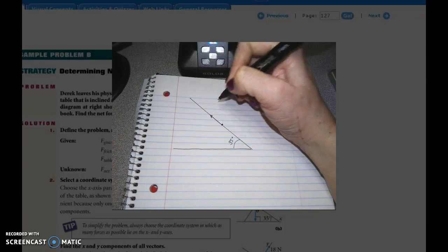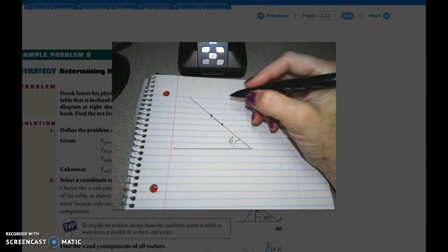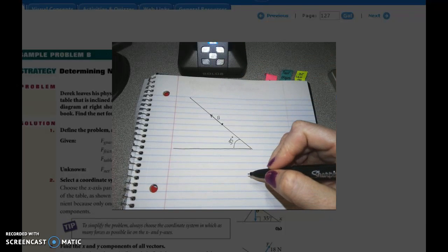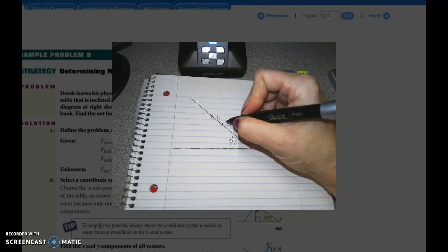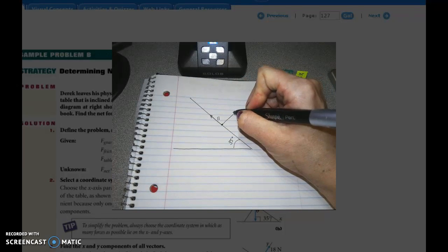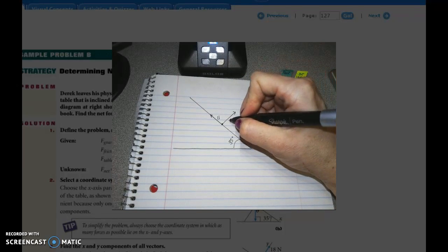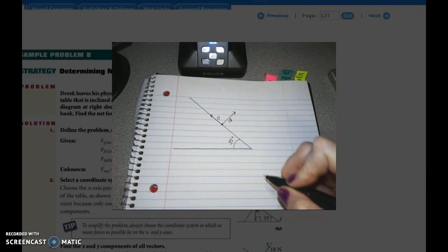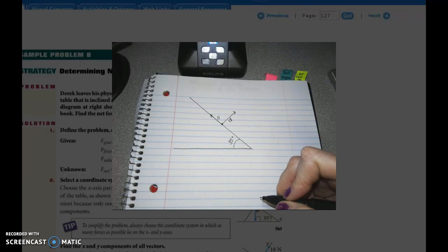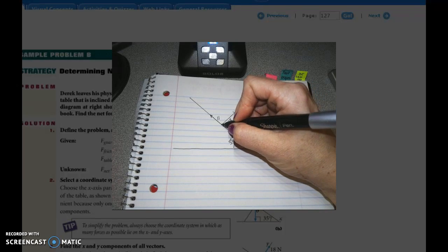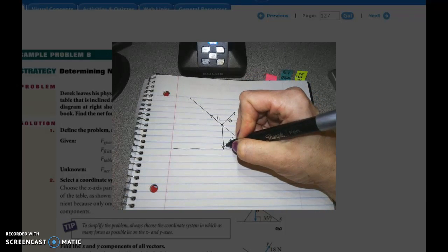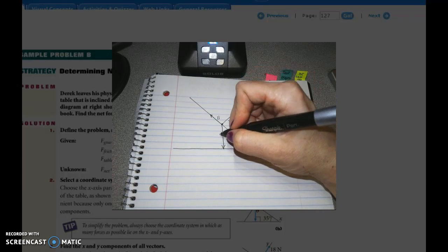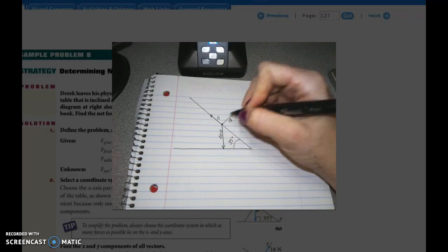And the force of friction on that book is 11 newtons up the ramp. There's also a normal force on the book, which is from the ramp pushing upwards. And we have the force of gravity on the book of 22 newtons.